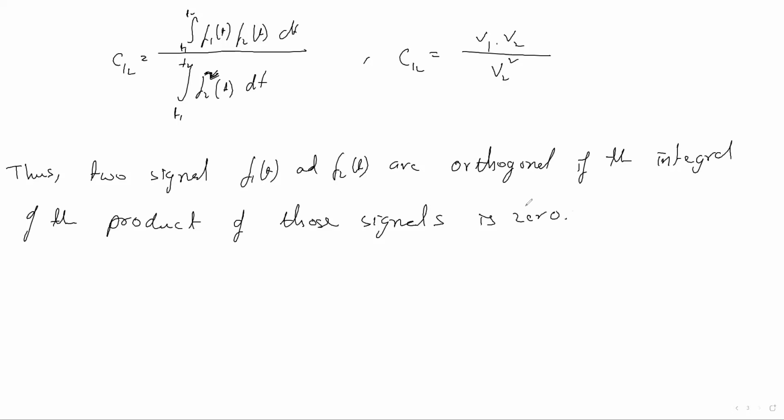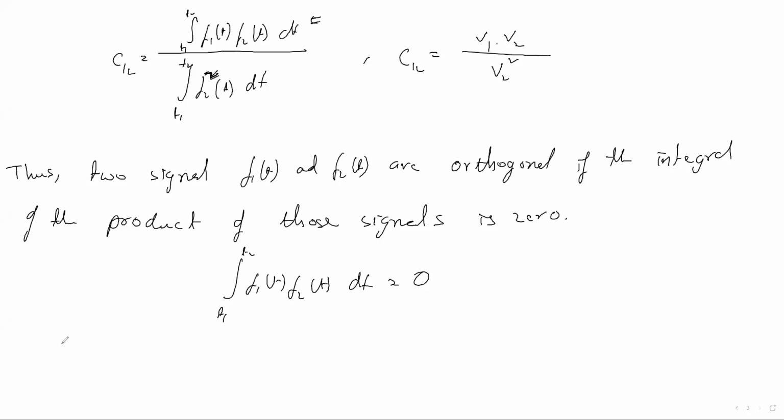Understood? If this numerator part is 0, then the signals will be orthogonal. Or you can say if the integration T1 to T2 of f1(t) f2(t) dt is 0, then the two signals are orthogonal.